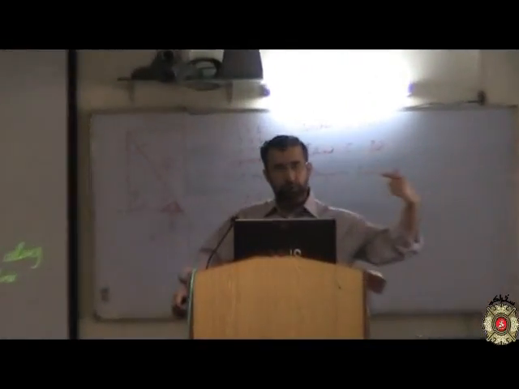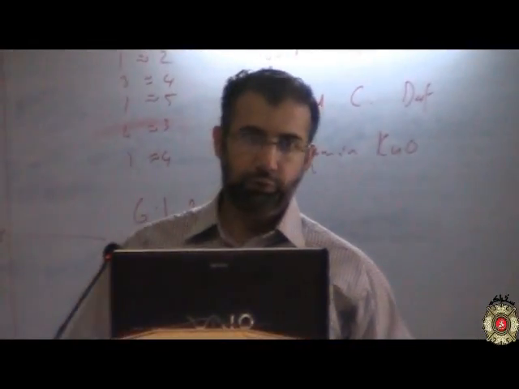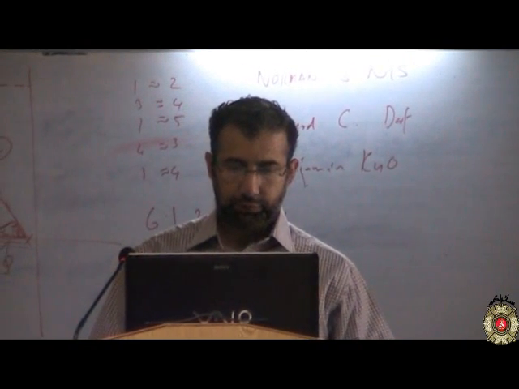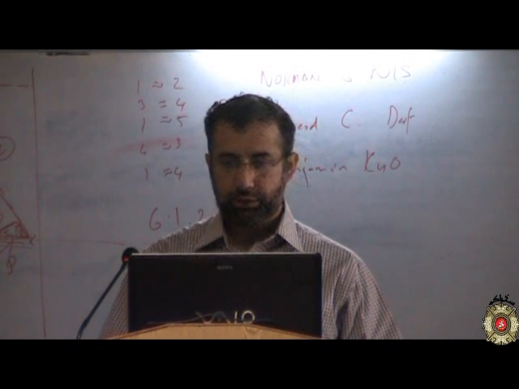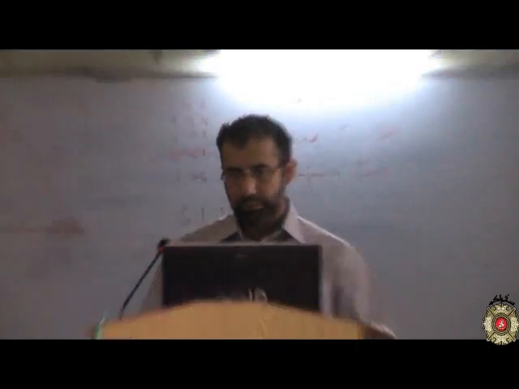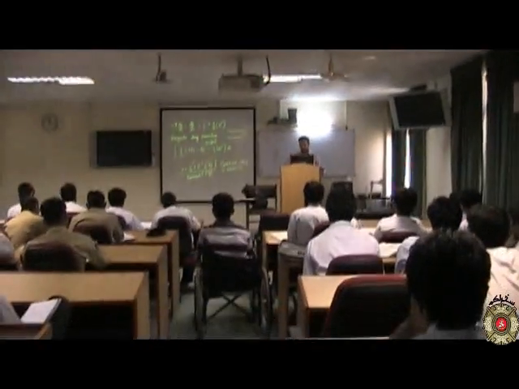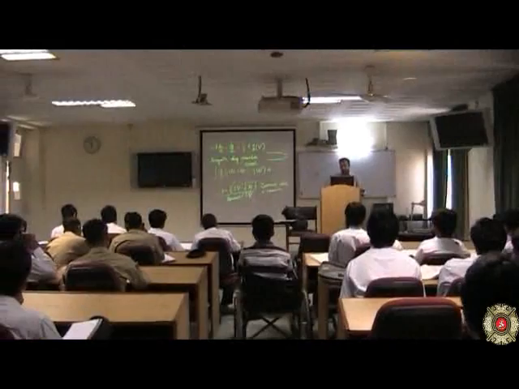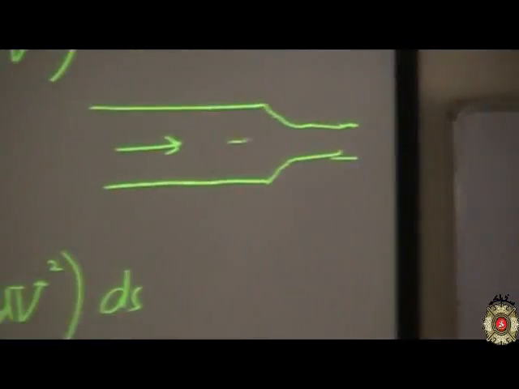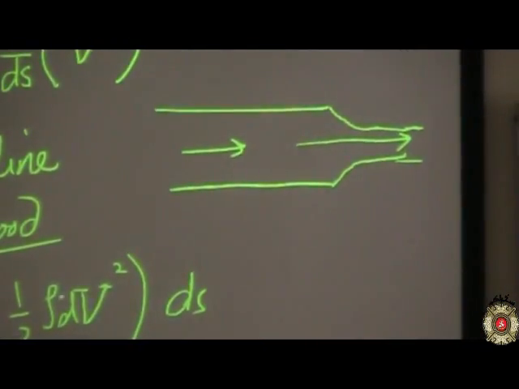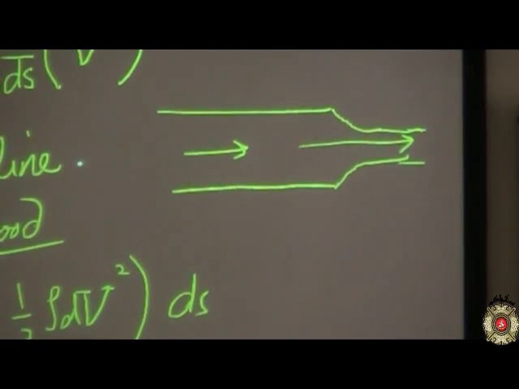If it is only moving in a straight line and there is no variation in the z direction, there is no effect of this term, and we are talking of this. Let's say in a pipe, something like this.